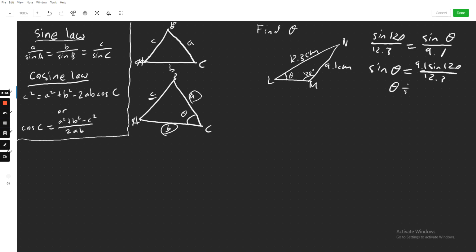That'll equal about 39.85 degrees. So that's how we use the sine law. We could do another example. This time it'll be a word problem.